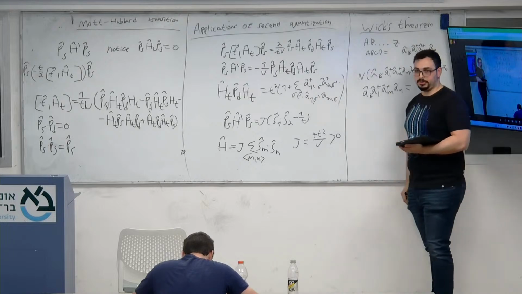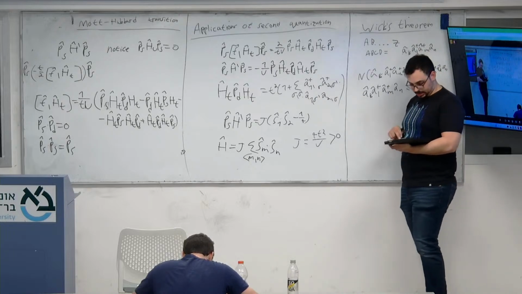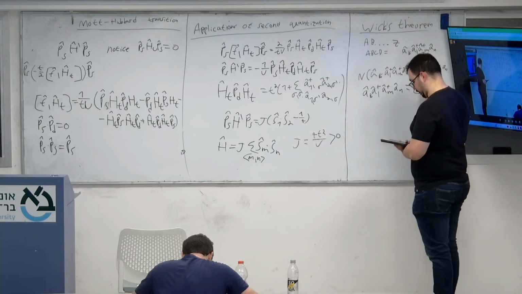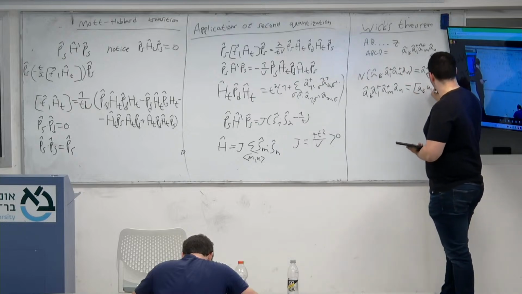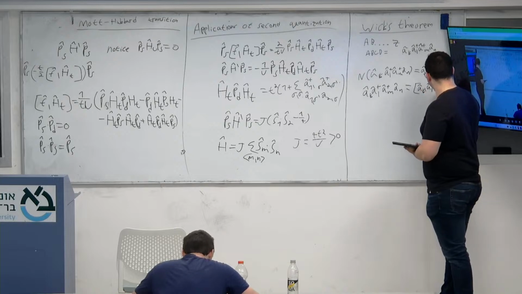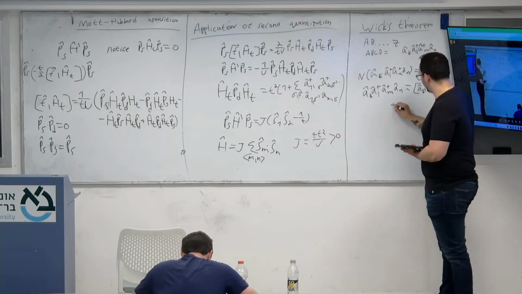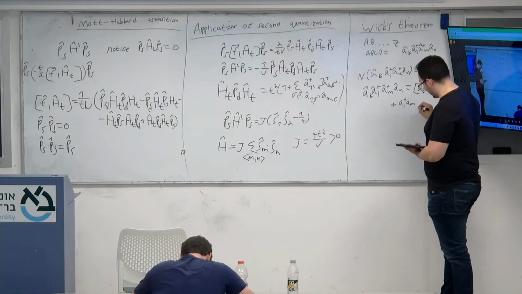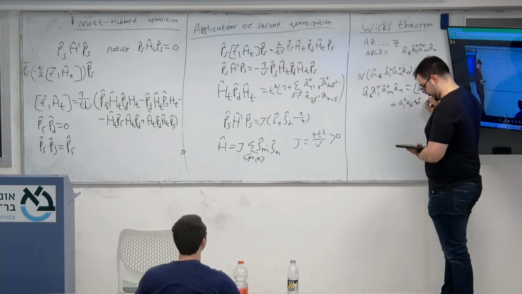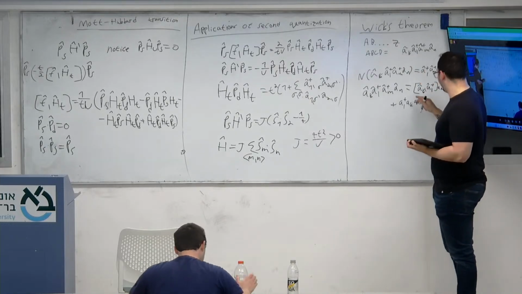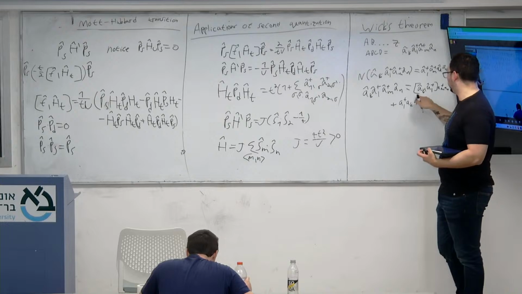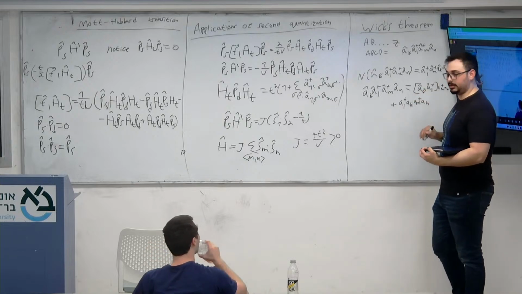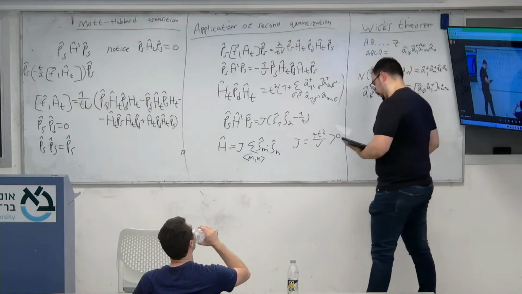I want to take all the creation operators outside, so I'll use the commutation relation: [a_k, a_l dagger] a_m dagger a_n plus a_l dagger a_k a_m dagger a_n. I'm not putting in the value of the commutator on purpose. It's the same thing as writing a delta.